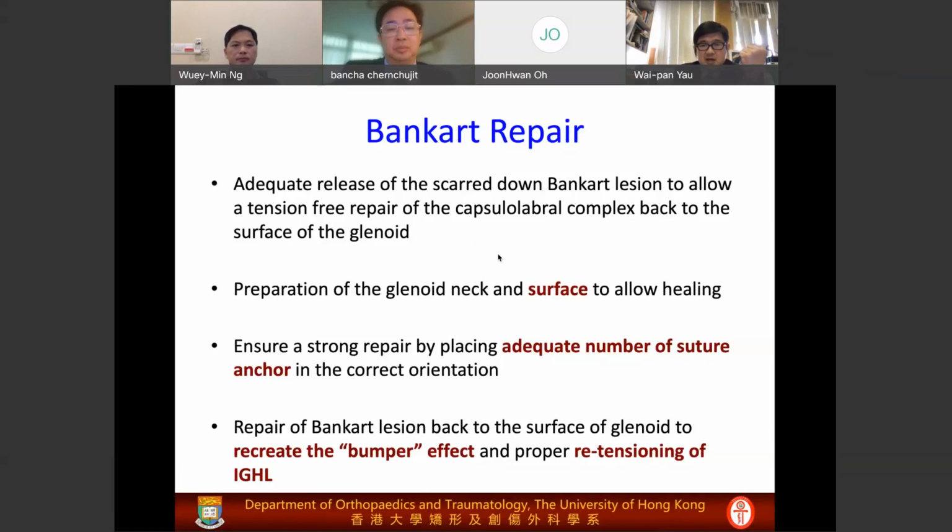And the third thing is we need to insert an adequate number of suture anchors, to me, at least 3. Using a small all-suture anchor, 1.8 millimeter, why not, will be a very good option. And finally, we should hope to recreate the bumper effect and proper retensioning of the inferior glenohumeral ligament complex.